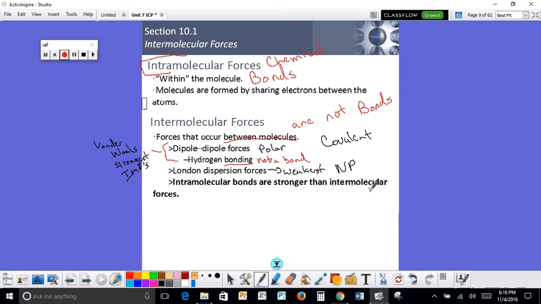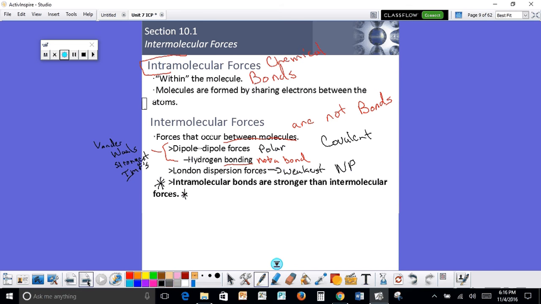All right. I'm going to go into more details in the slides that follow, so just make sure that you pay attention as we go along. All right, so intramolecular bonds are stronger than intermolecular bonds. So know that a chemical bond is always going to be stronger than an intermolecular bond.